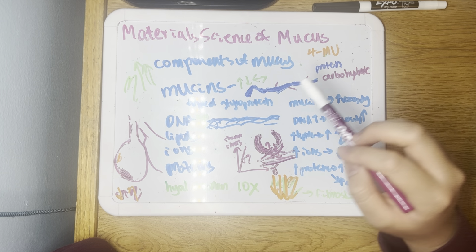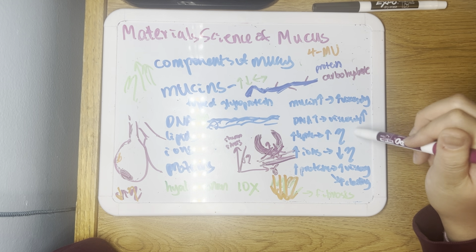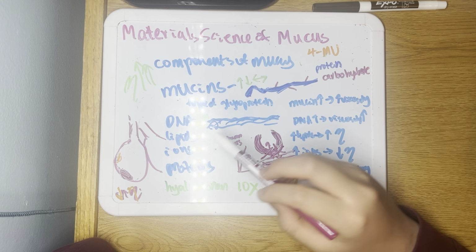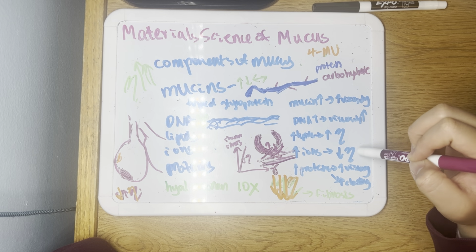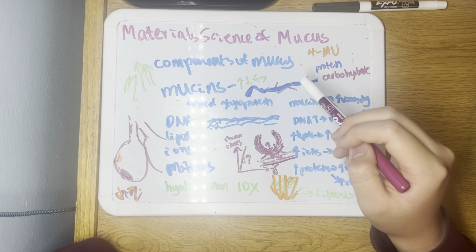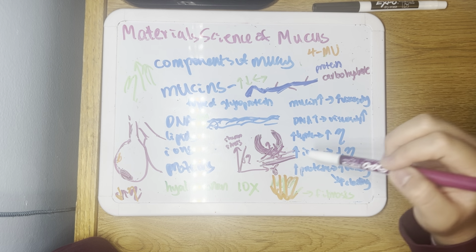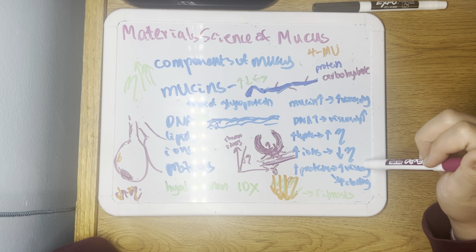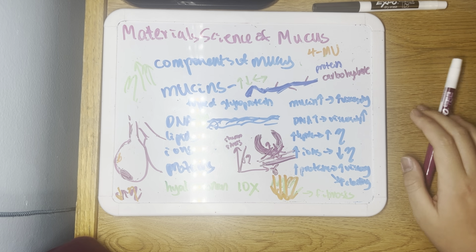There's also lipids in your mucus, and that causes the viscosity to increase as well. There's ions, which actually cause a decrease in viscosity because it changes how these mucins interact with each other, how the chains interact with each other. And then these proteins will increase the viscosity and the elasticity.